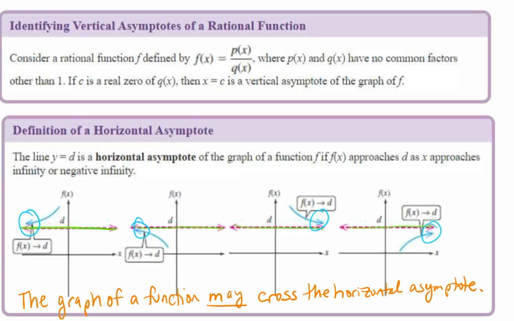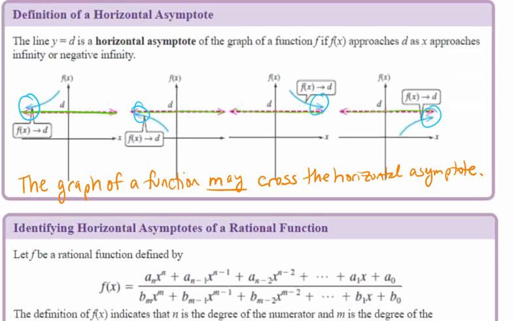So how do we identify a horizontal asymptote? Well, recall that the leading term determines the far left and the far right behavior of the graph of a polynomial function. And since a rational function is the ratio of two polynomials, it seems reasonable that the leading terms of the numerator and denominator determine the end behavior of a rational function.